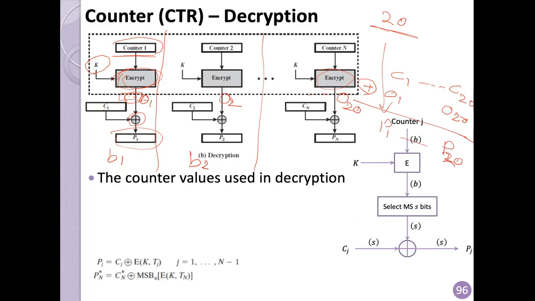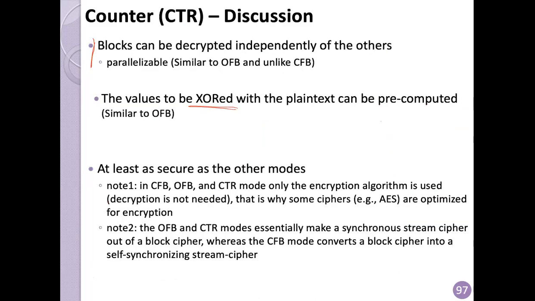So not having any feedback between the blocks is a very interesting feature that led us to implement the counter mode in a very fast way, especially when it comes to decryption, like I explained here. So this is again a very big plus that we like. And I talked about this, that for these three modes, we only need to do the encryption.